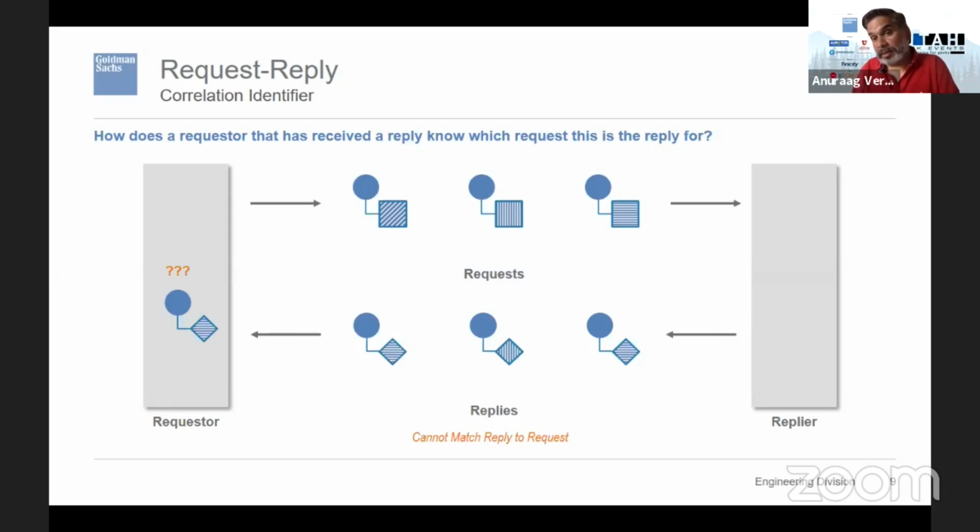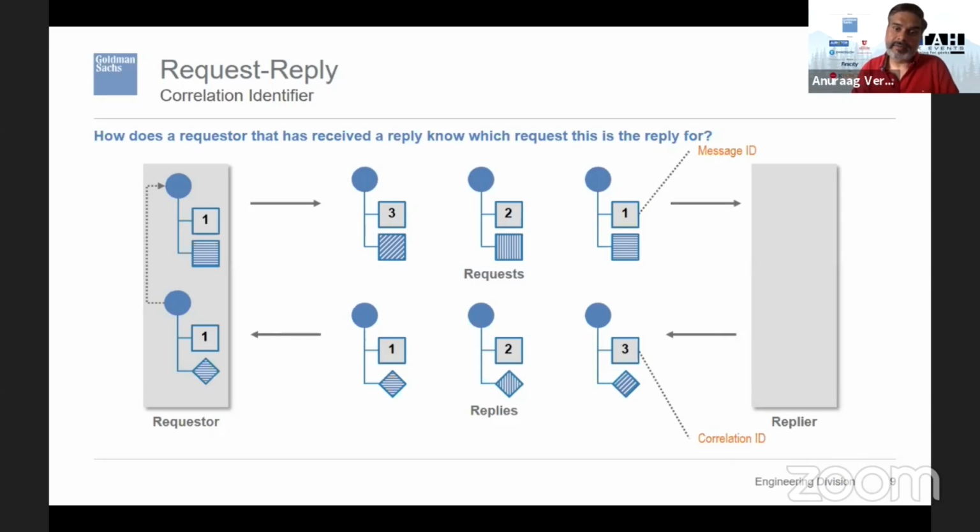It could very well be a different set of processes, or it could be a different set of machines on which requests are being published and replies are being expected. So how do you link a request and reply together? Also, you need to factor in that this pattern does not guarantee that replies will be received in the same order in which the requests were published. So you need a mechanism for linking these things together.